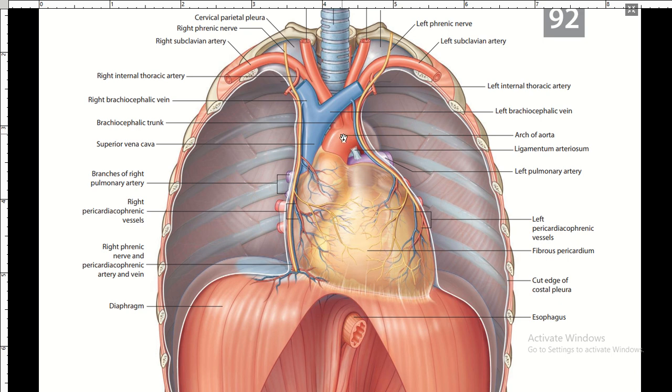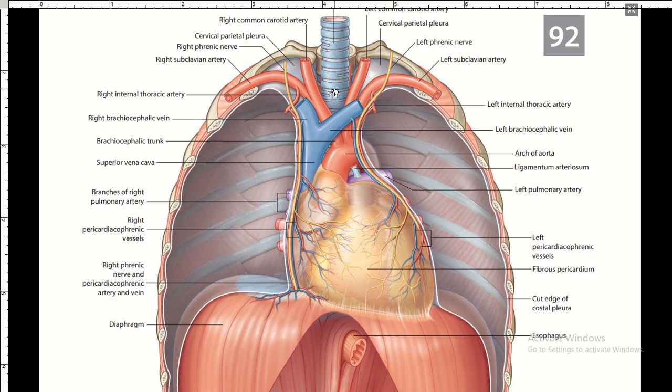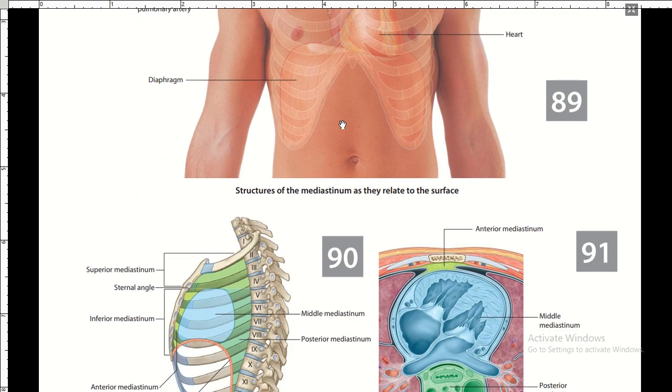So if you remove the large veins and the large arteries, you're going to meet the trachea. So this is your trachea.